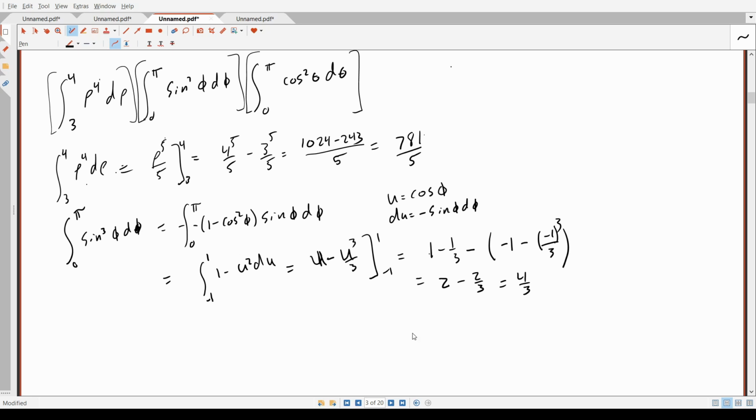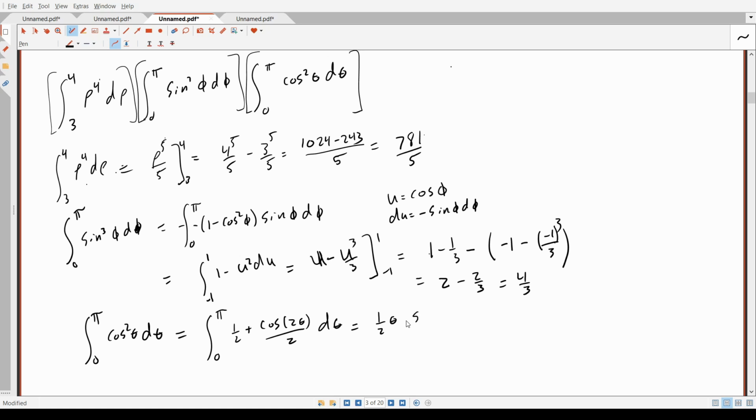Okay, and then for the final one, integral of cosine squared theta d theta equals, I write this as integral from 0 to pi of 1/2 plus cosine of 2 theta over 2 d theta, and we integrate, so we get 1 over 2 theta.